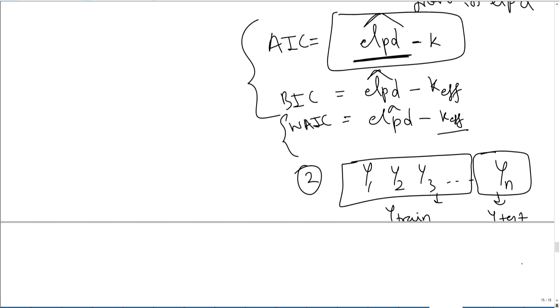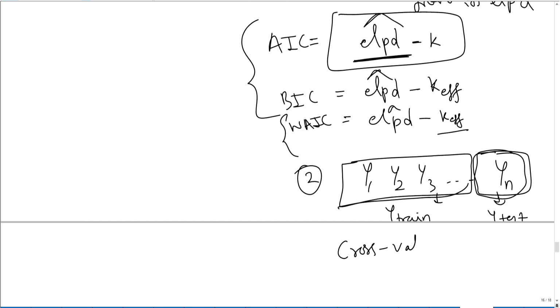What it ensures is that the model is trained on a portion of data, which becomes your training data, and the remaining portion becomes unseen future data for your model, because your model is not trained on this part of the data. This approach is called cross validation.